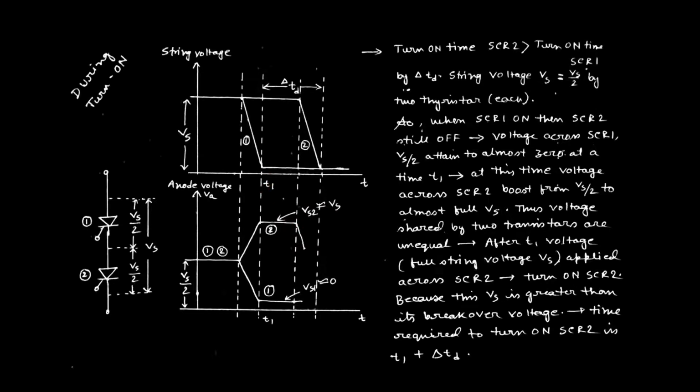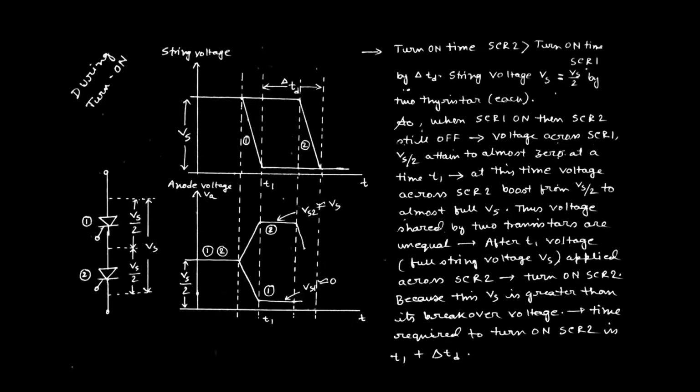Next, after a short time duration, which I mentioned before as del TD, SCR2 will be turned on. When SCR2 is turned on, the string voltage falls, and as both SCRs start conducting, the string current can easily flow through both SCRs.